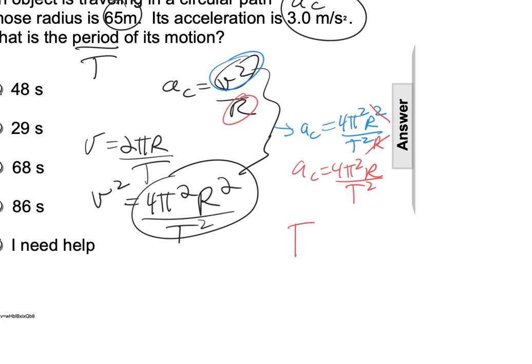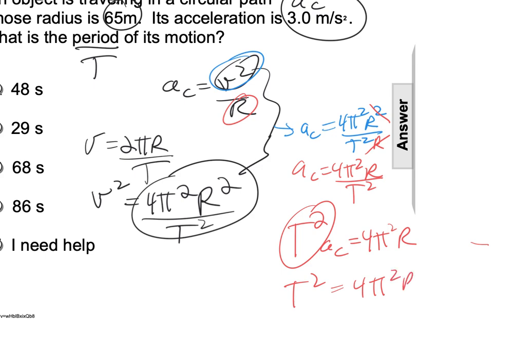So I'm going to cross multiply. T squared times AC equals 4 pi squared R. Then I want to isolate the period. T squared equals 4 pi squared R over AC.